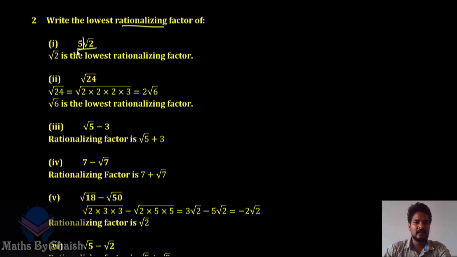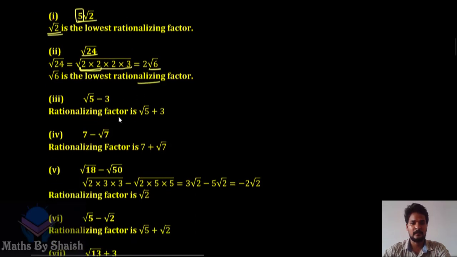So 5 is a rational number, and if we simply multiply by root 2, it would be rational, that's why this lowest rationalizing factor is root 2. Similarly for 24, we will factorize it. Prime factorization is the key in rational and irrational numbers. So 2 into 2 into 2 into 3, so there is 1 pair of 2 which will come out and we will get root 6. So root 6 is the lowest rationalizing factor.